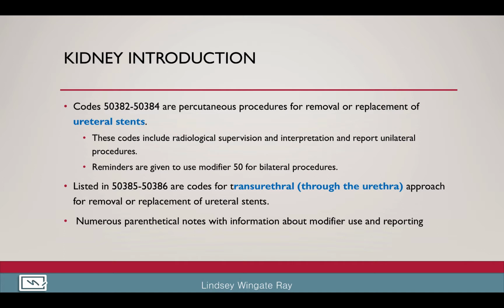Reminders are given to use modifier 50 for bilateral procedures in parentheses under the codes. Listed in 50385 through 50386 are codes for the transurethral, through the urethra, approach for removal or replacement of ureteral stents. Numerous parenthetical notes with information about modifier usage and reporting are in this section.